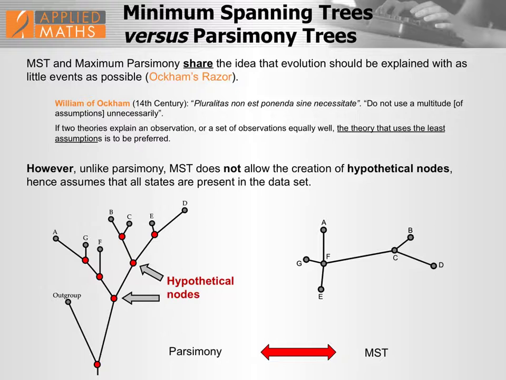However, if you use parsimony, you have some hypothetical nodes, whereas a minimum spanning tree in its purest form just looks at all the states that are in your data set. So if you did not sample enough, it will not introduce a hypothetical node here if it decreases the distance, for example.